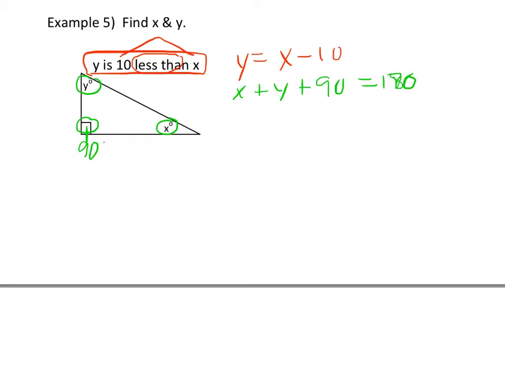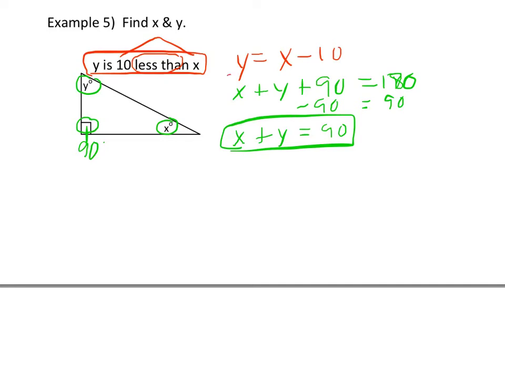It's a triangle sum rule. Now if we subtract the 90 from both sides, because they're like terms, they're both constants, we get x plus y is equal to 90. And that is our second equation.